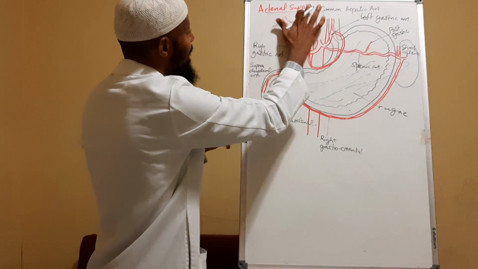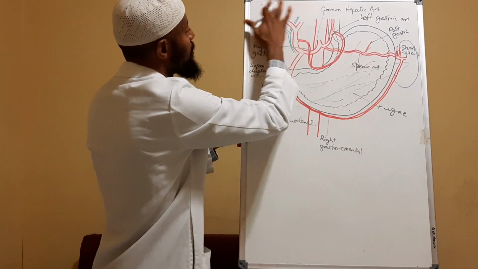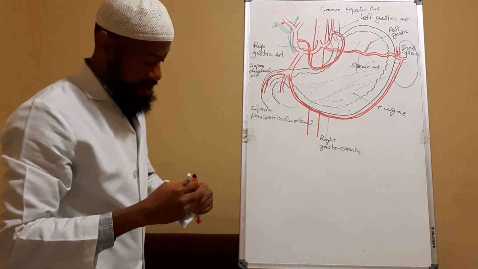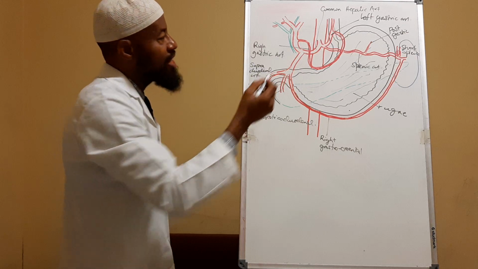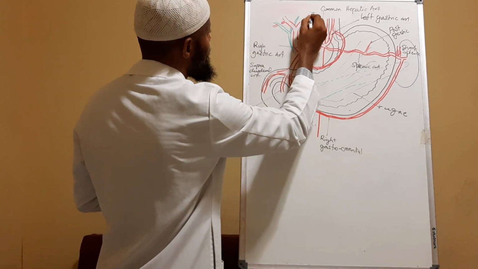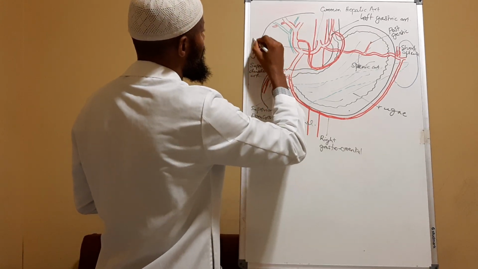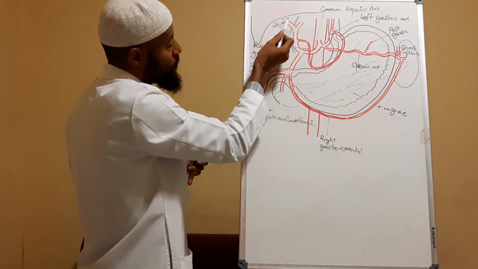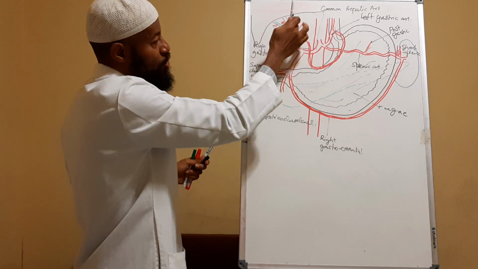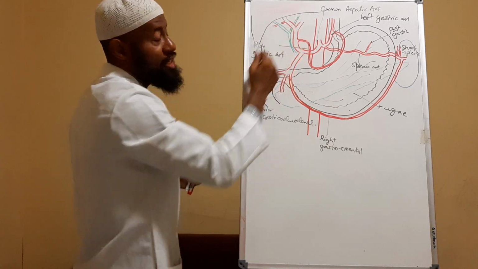So the triangle of Callot is formed principally by the inferior margin of your liver. So the superior part of the triangle is formed by the inferior margin of the liver.